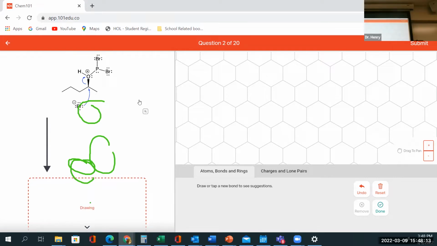Now we have the bromine donating its electrons, because we've taken the electrons that were generated here and provided them to here. The bromine now donates its electrons here. Then that causes the electrons of this bond to be donated here. So what's going to happen? The OH is going to break off, right? Then it's just going to be bromine to that alkane.